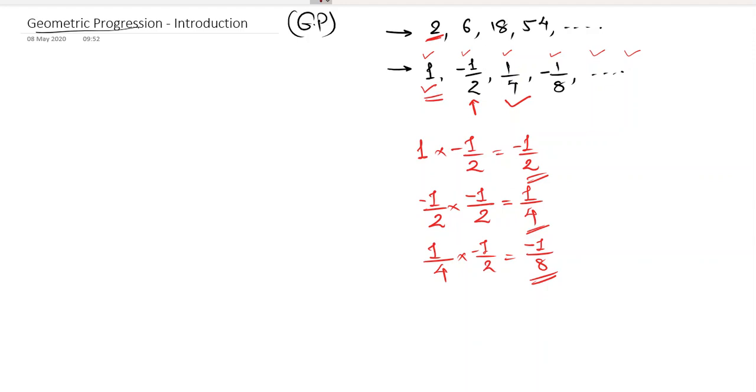So what you have to understand in this GP is the first term has the same symbol, that is A. So in the first example, A is 2. But there is no common difference, right? There is no common difference. The number which is multiplied with the given term to get the next term is known as common ratio.